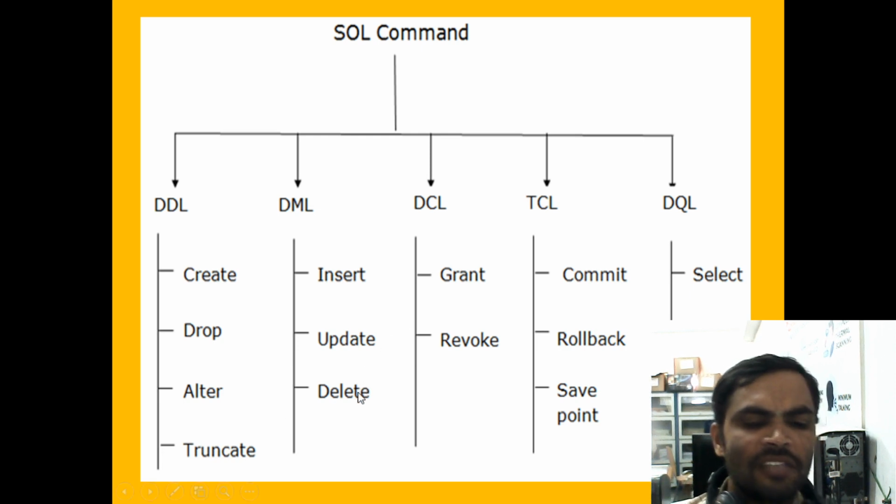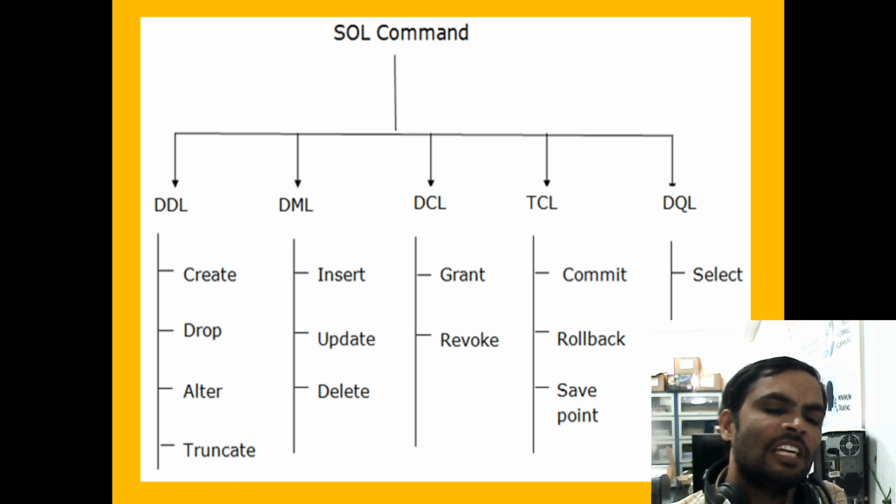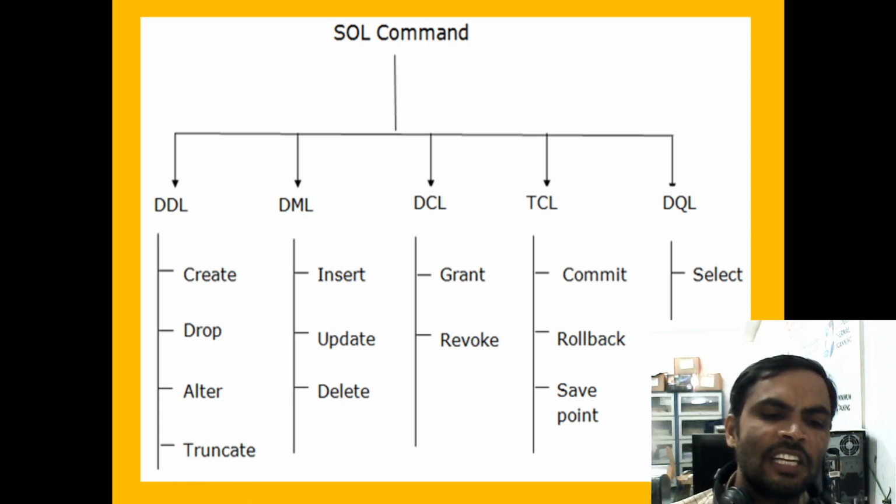Now we can delete. With the help of the delete, we can delete the entire table, we can delete a particular column also. With the help of the delete, the structure will remain. We can delete the column or attribute also with the help of the delete command.